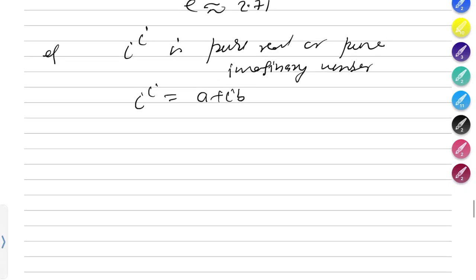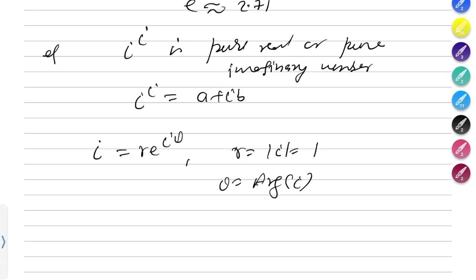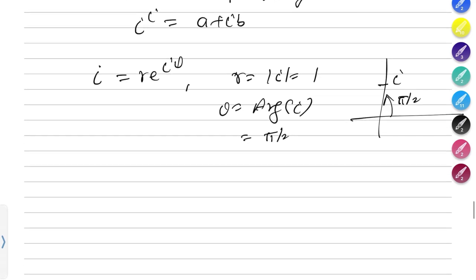So we start by writing the polar form of i. So i is r e to the power i theta, where r is the modulus of i, that is 1, and theta is the argument of i. If we plot on the Argand plane, i lies on the vertical axis, so the argument is pi by 2.